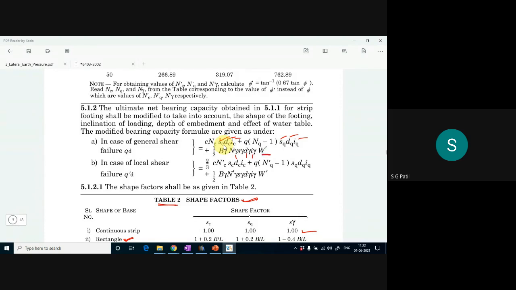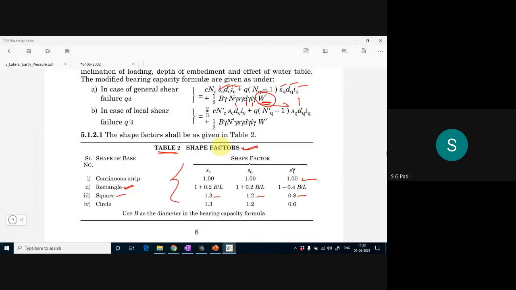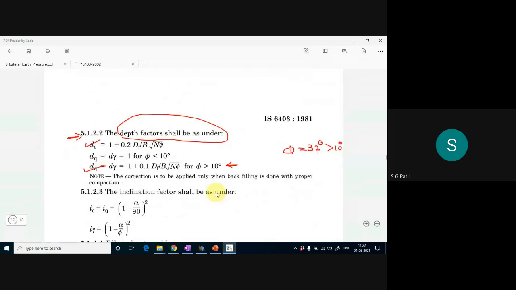Anyway, water table correction is not required because they have not given any details about the position of the water table, so your water table correction will be 1. These shape factors can be found from this table, and depth factors by this formula, and then inclination factors.